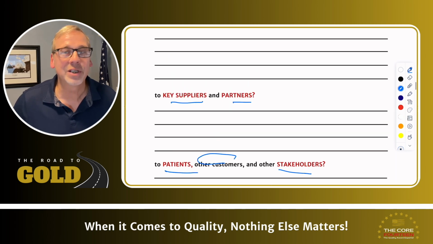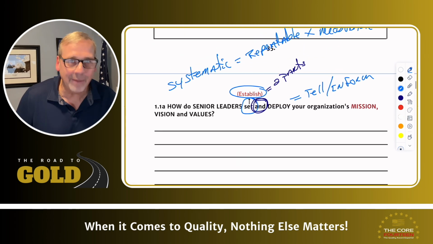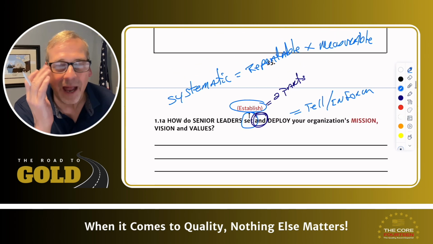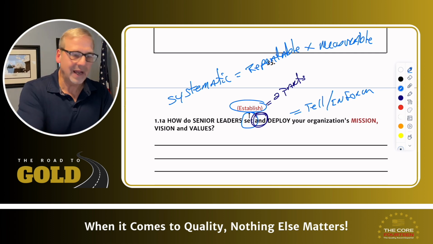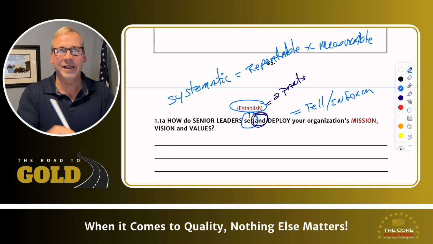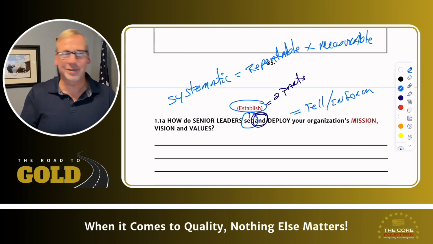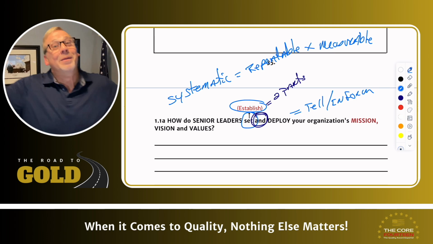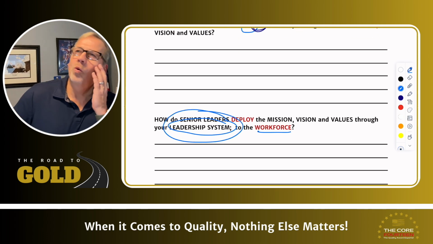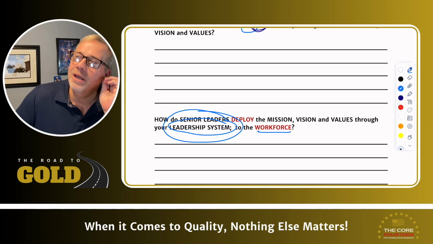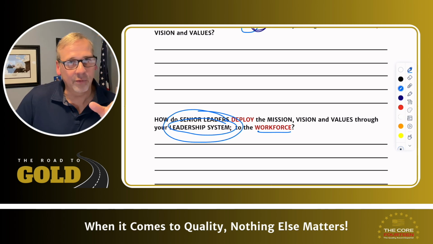How do you do it to your residents? How do you do it to your family members? How do you set your mission and vision and values to your vendors, your families, your residents, your patients, your collaborators, your partners, everybody? How do you do it through your leadership system? What does that even mean? That, my friend, is a question for another day.